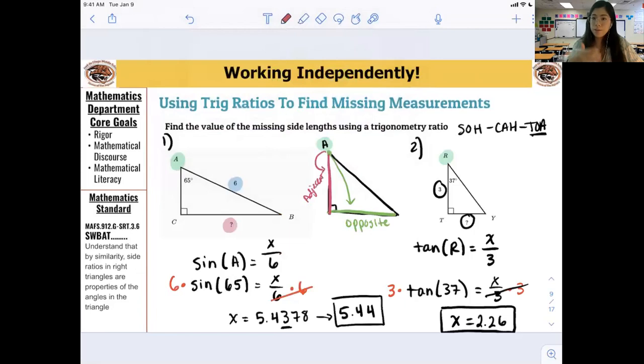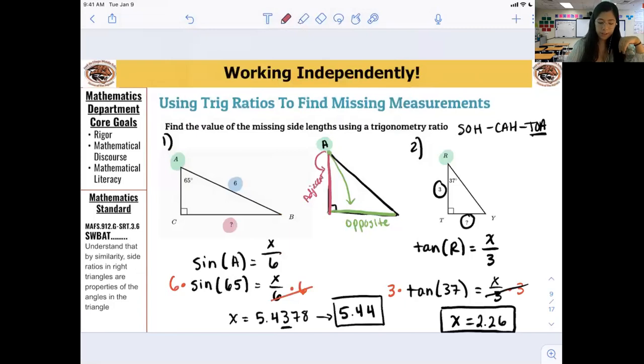And then hypotenuse, good, Tyrone. For hypotenuse, you always look at the longest side. The longest side is the hypotenuse. But Jalen, be careful because adjacent isn't always the smallest one. It's not always the smallest.